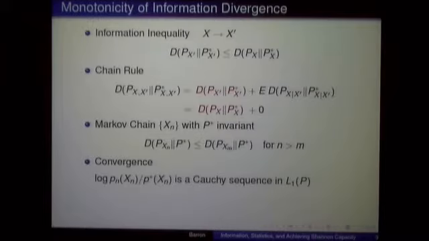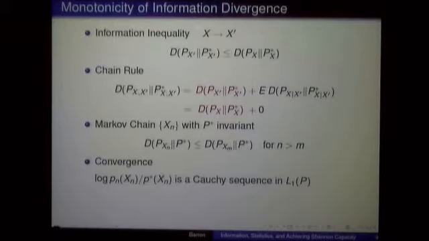So then any number of steps brings you closer to P star than you were before. And so, of course, that means those real numbers, those d_n's, form a Cauchy sequence and are hence convergent. But the Cauchy sequence property is deeper in that when you look at the difference between them, it's going to be an expected ratio of the 4 probability mass functions that are involved. But that is equal itself to a relative entropy, the reverse conditional relative entropy.